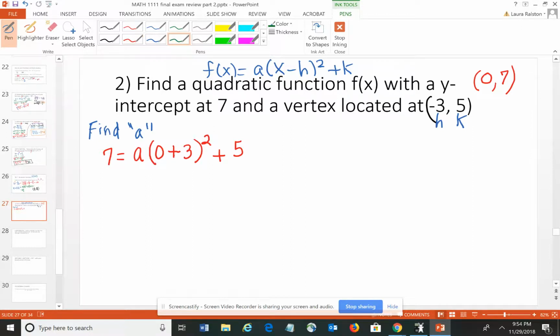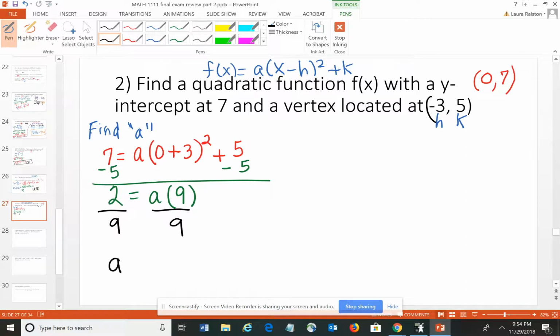So I'm going to subtract 5 from either side. So I have 7 minus 5 is 2 equals a times, 0 plus 3 is 3, and 3 squared is 9. So that's really 9a. And then I'm going to divide both sides by 9.